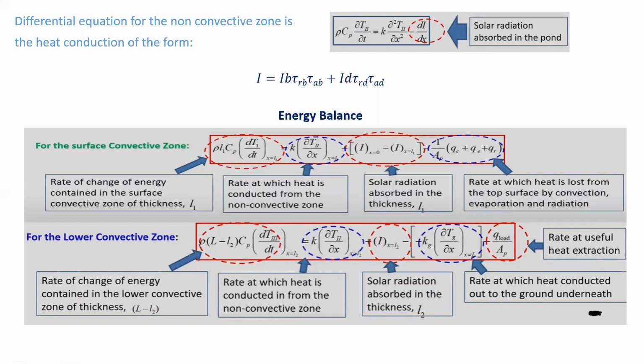When we consider the solar radiation absorbed in the pond, there is an intensity which decreases with depth, and it must be indicated by dA/dx.